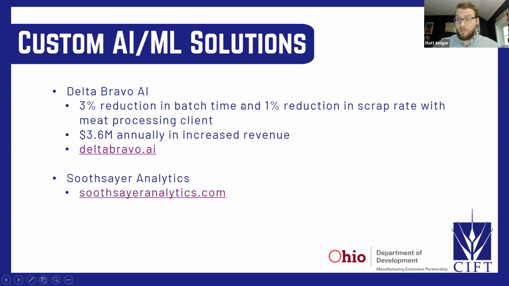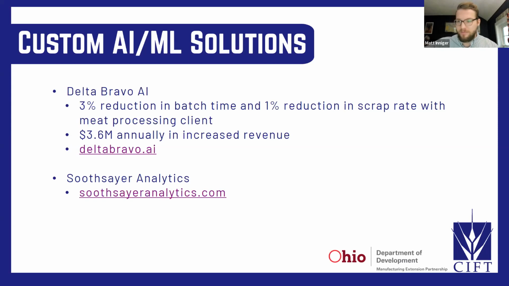I put in here some notes about said project and what our calculations are telling us about returns. This is a pretty important pilot project for us in this space using this type of AI ML algorithm. And while a 3% reduction in overall batch time and a 1% reduction in scrap rate, which we're actually a little over right now, if things hold, might not seem like a lot, it's annually $3.6 million in additional production capacity, i.e. additional revenue.